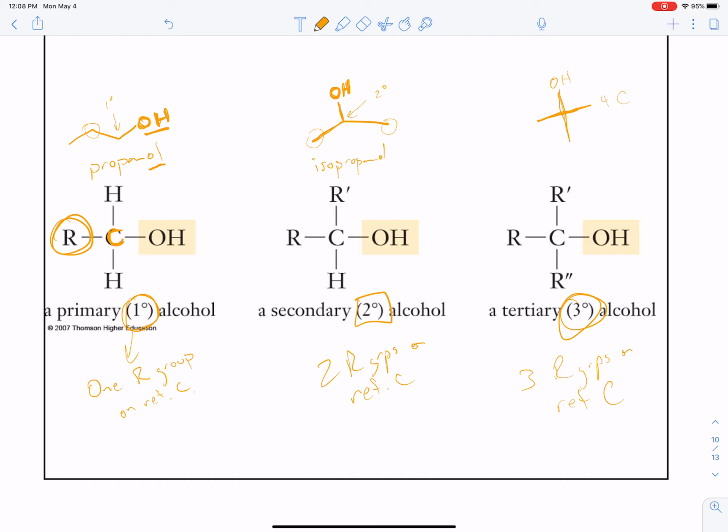So you would call this T as in tertiary butanol, because you have 4 carbons. Notice that my reference carbon here is tertiary, because I have 1, 2, 3 substituents.